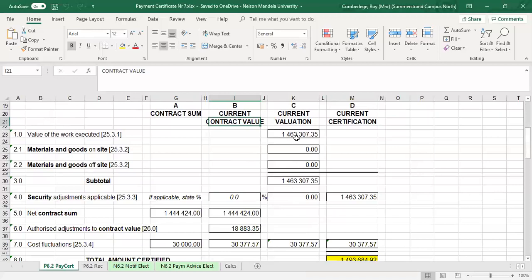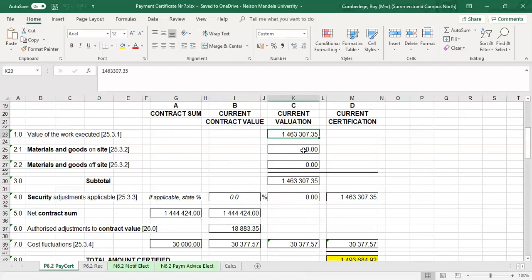Now, if we look at the actual value for certificate number 7, those figures, the 1.463, you'll get that from your final account summary page. So if we add up the two figures, the 1.44 million plus the 18,000, that should give me that figure of 1.46.